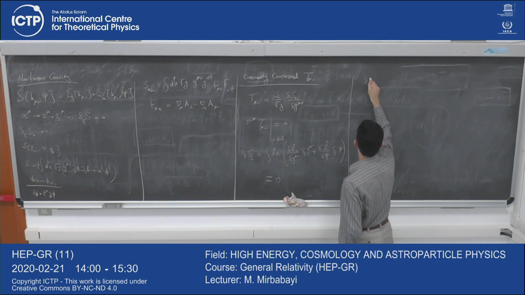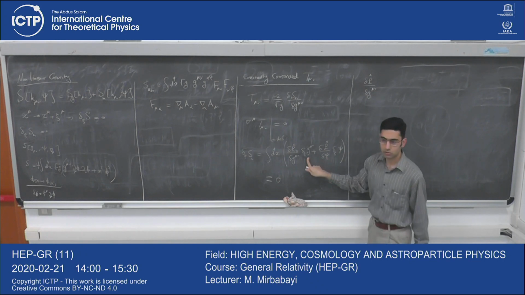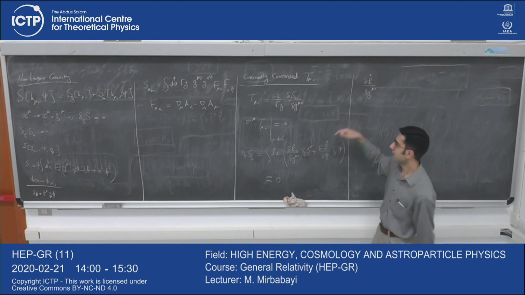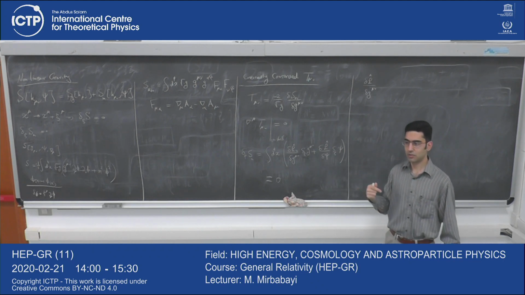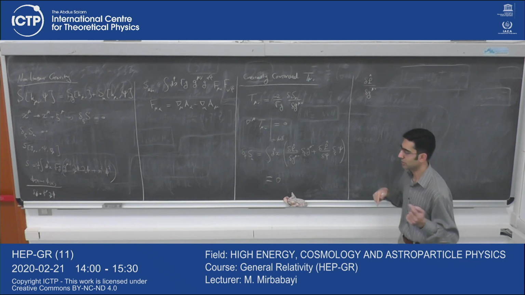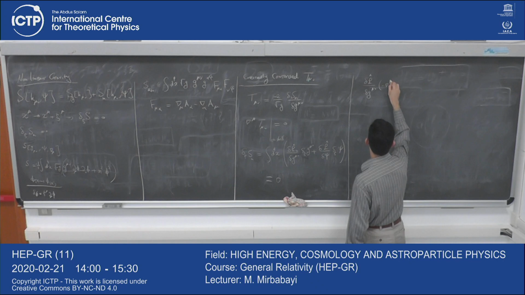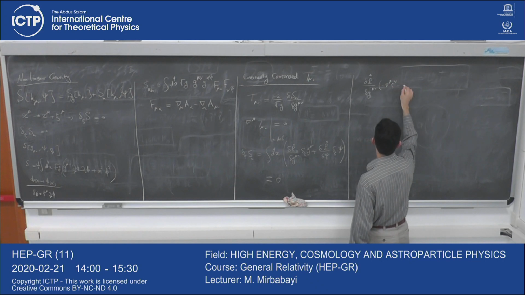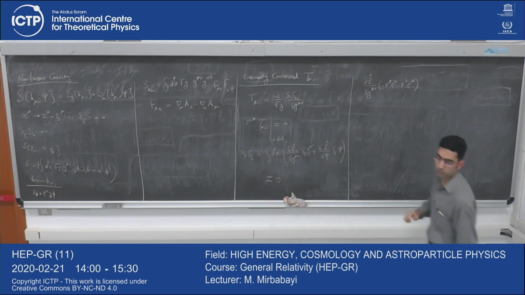If we want to write it explicitly, delta xi of g mu nu with upper indices is just minus delta xi of g mu nu with lower indices, but with indices raised with the metric. So it is basically minus del mu xi nu minus del nu xi mu.